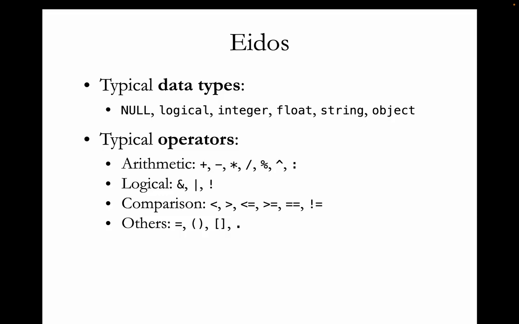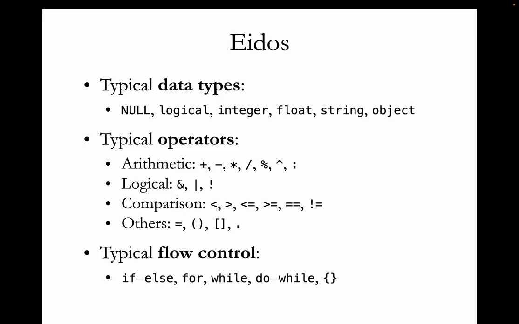The operators available in Eidos are also pretty typical: arithmetic operators, including modulo, exponentiation, and a sequence operator like R's, logical operators like and, or, and not, comparison operators, and other familiar operators like equals for assignment, parentheses for grouping, and brackets for subsetting.